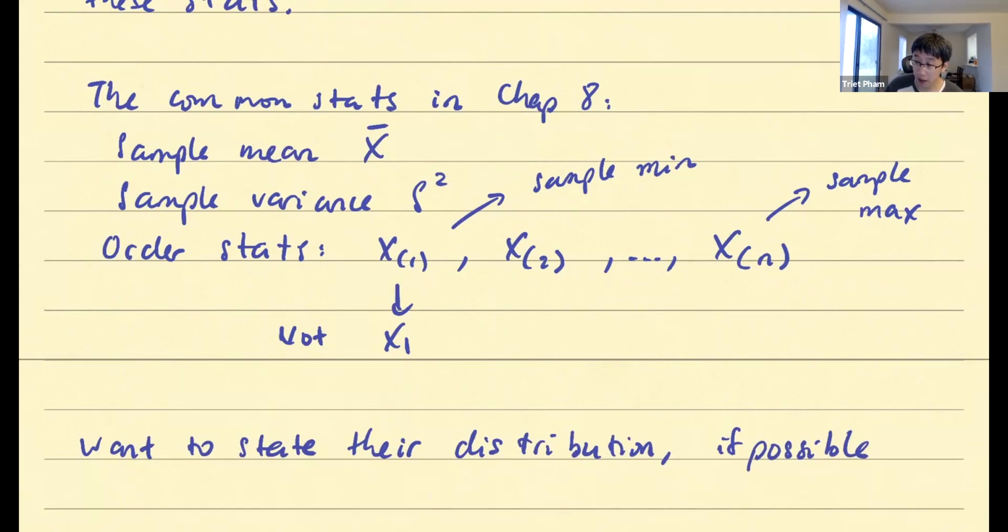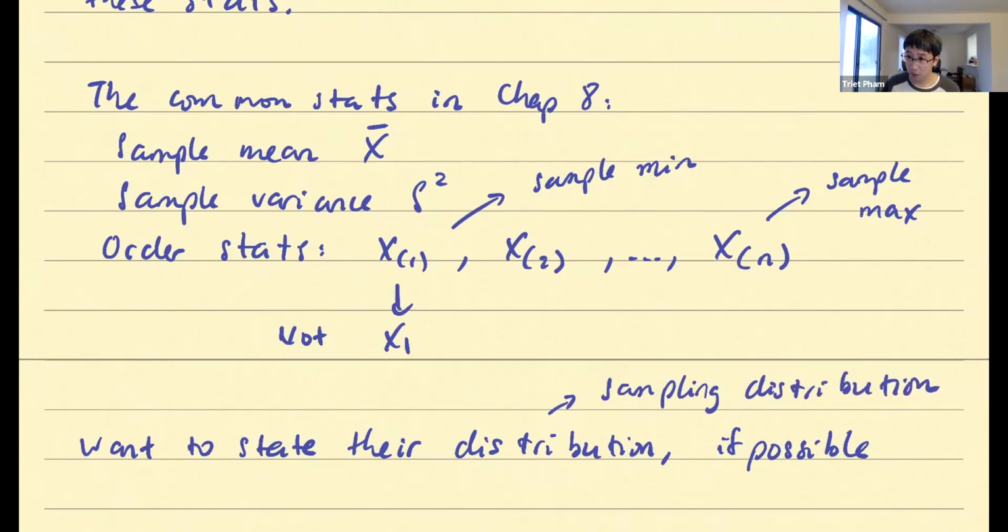Now, one thing that goes without saying is their distribution comes from the model, comes from the population distribution, okay? But this distribution is exactly what the book refers to as the sampling distribution. That's the title of the chapter.